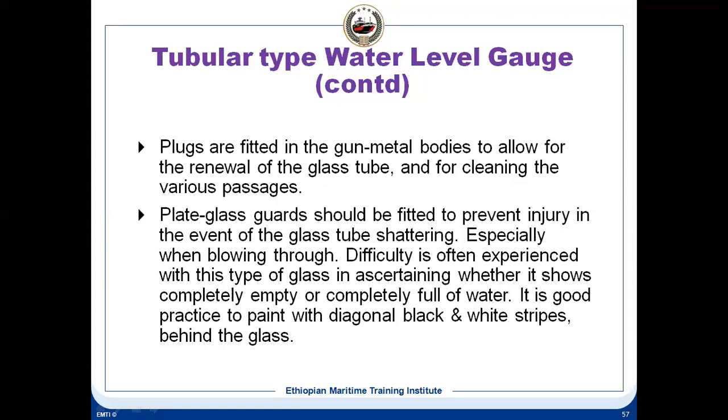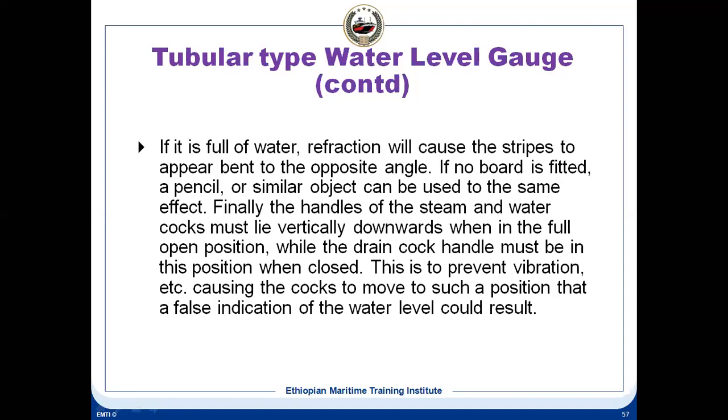When you are seeing the diagonal black and white stripes behind the glass, due to the refraction of the light through the glass, you'll be able to figure out where exactly the water level is. If it is full of water, refraction will cause the stripes to appear bent in the opposite direction. If no board is fitted, a pencil or similar object can be used to the same effect.